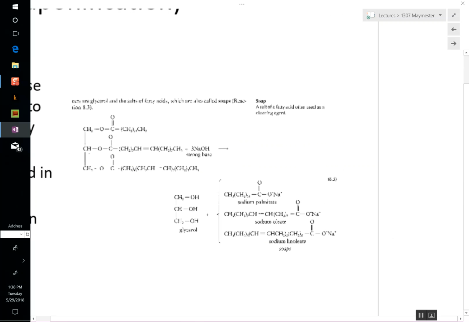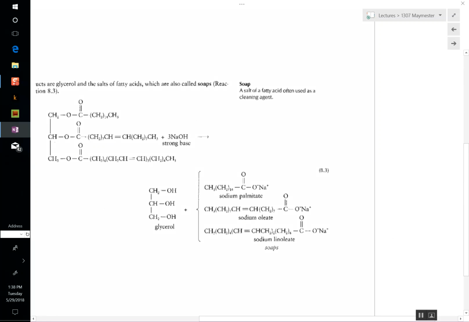Second one, saponification. Same deal. Triglyceride plus 3 sodium hydroxides gets glycerol, and your 3 fatty acids now are the sodium salt. So instead of palmitic acid, you have sodium palmitate, sodium oleate, sodium linoleate.